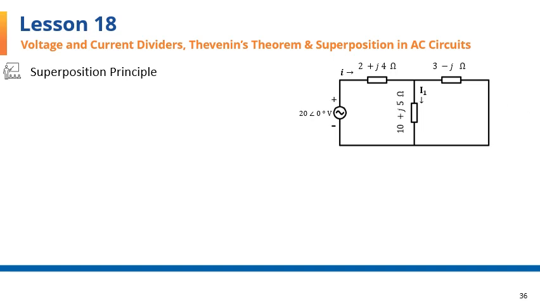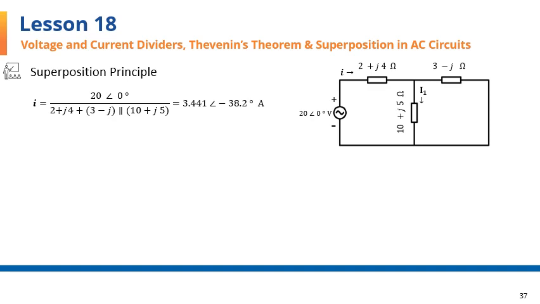Here is the circuit with only the 20 volt source left active. I'll first find the I current shown here by dividing the 20 volts by the equivalent impedance seen by that source, which would be these three.